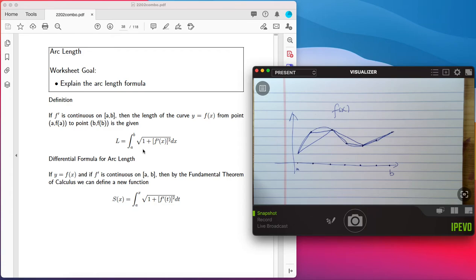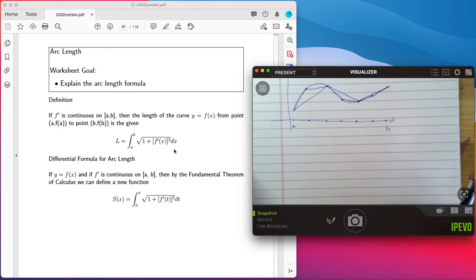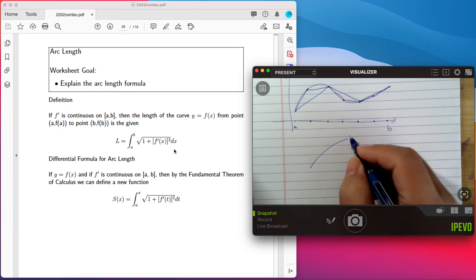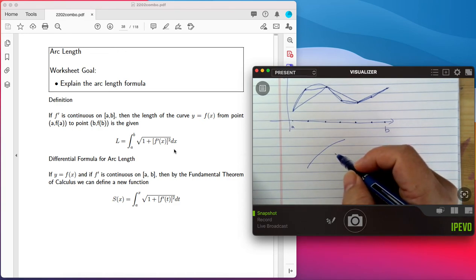But still, where is this format from? We haven't talked about that. Let's talk about that now. Suppose this is a part of this curve.